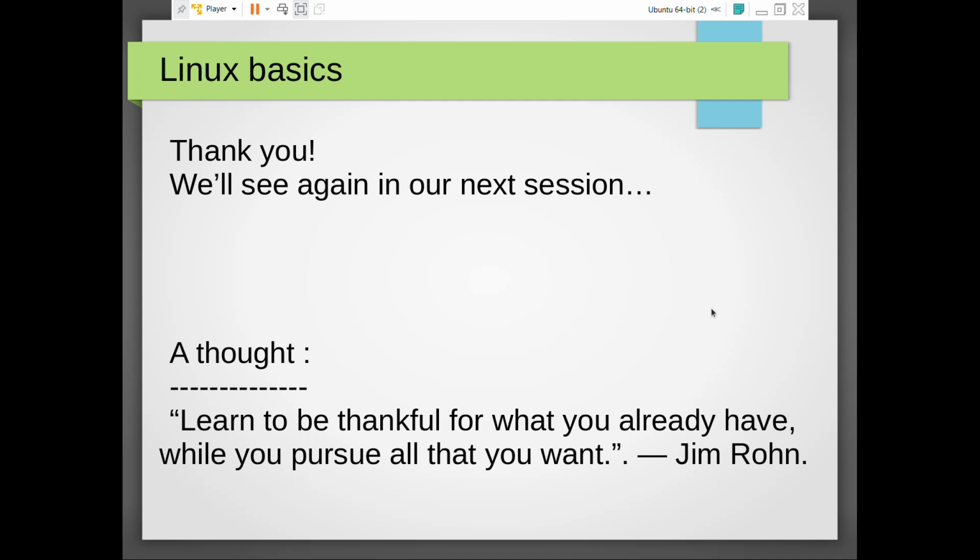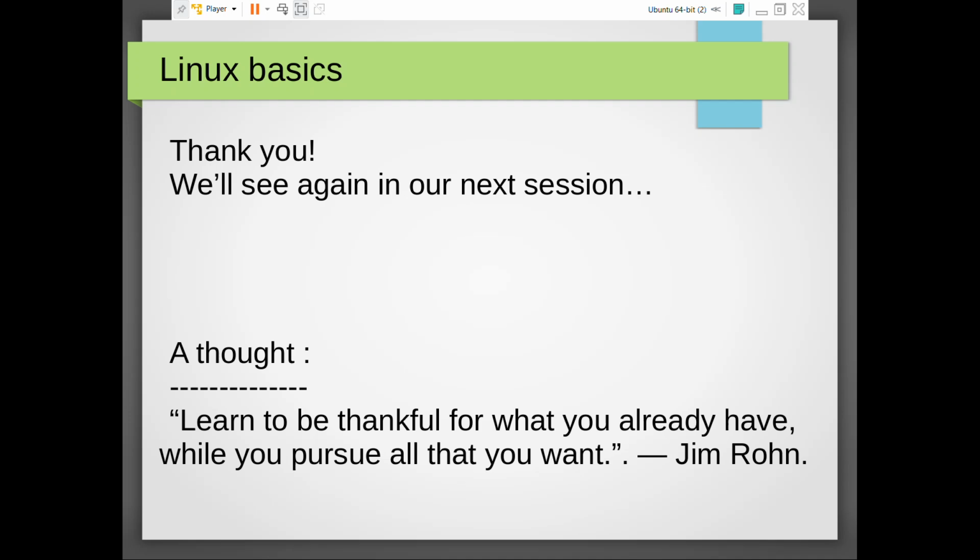Before concluding, let us conclude with a thought: learn to be thankful for what you already have while you pursue all that you want. We should always express our gratitude, our thankfulness, to various people. First to the providence, to God, and then to so many people who help us directly or indirectly. We should have that gratitude in our mind.